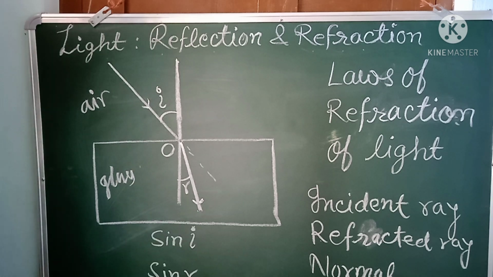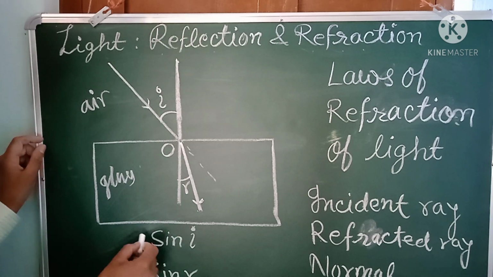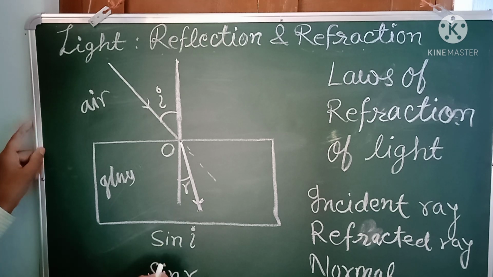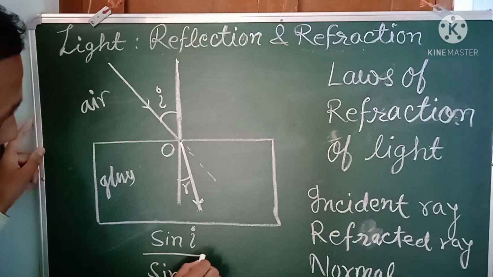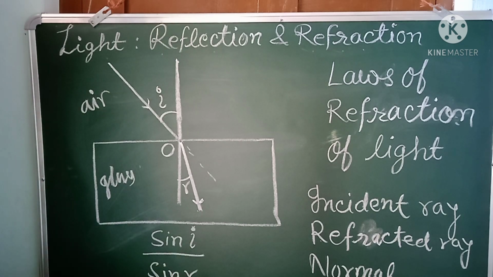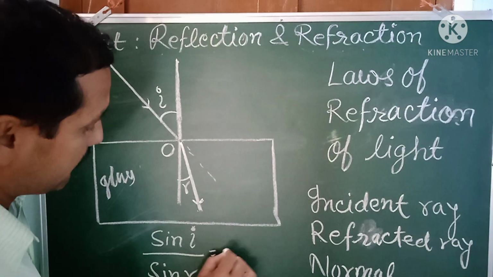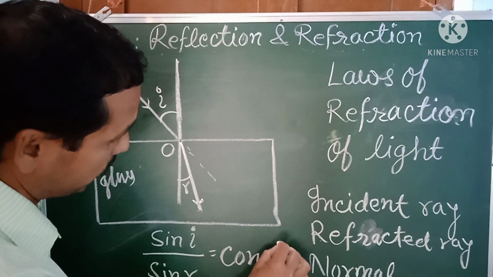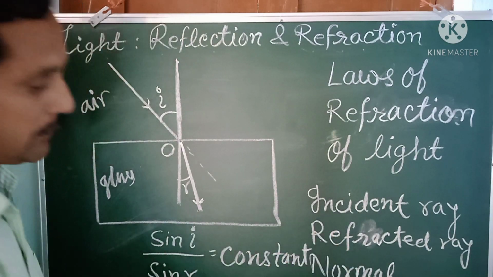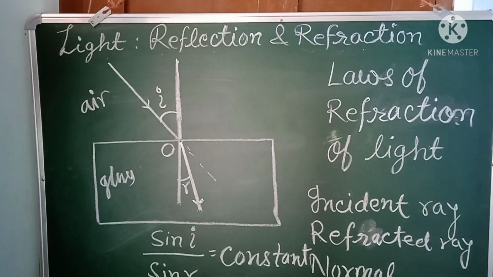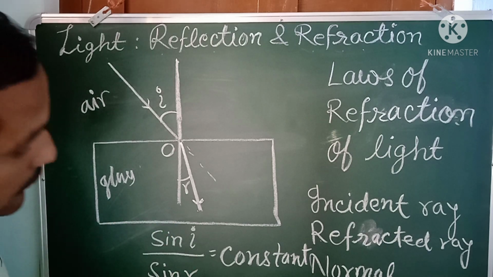Second law: the ratio of the sine of the angle of incidence to the sine of the angle of refraction is always a constant for a given color of light and for a definite pair of media. This law is also known as Snell's law.